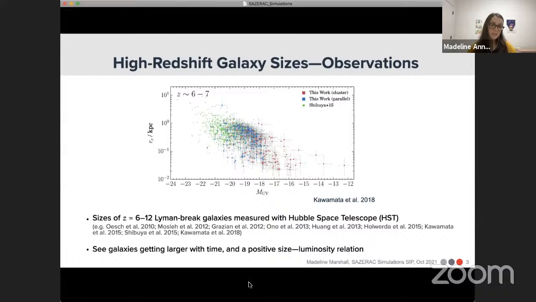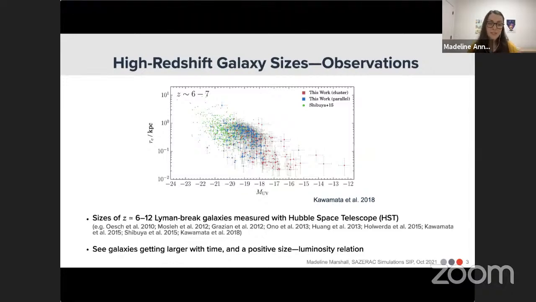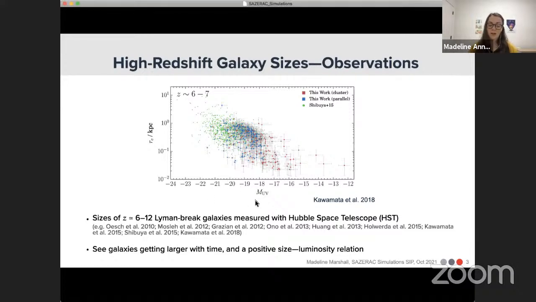Here you can see some observations from Kawamata and Shibuya et al. showing the radius of the galaxy as a function of its luminosity. What all of these observations have found is that, as you would expect, galaxies in the early universe are small, and they grow over time. And also there's a positive relationship between size and luminosity. So the brighter galaxies, which are on the left here, are larger.